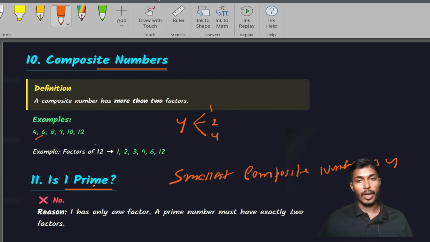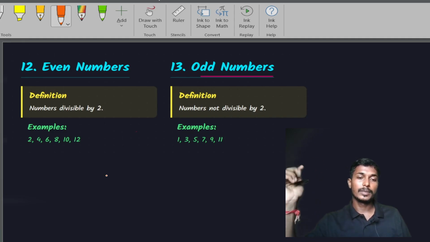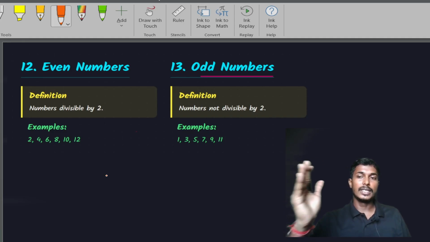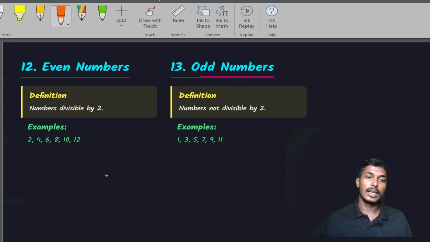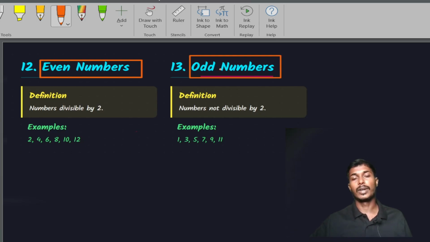Now, is 1 a prime number? No, 1 is not a prime number, and I already told you the reason why. Another set of numbers is even numbers and odd numbers. What is an even number? Any number which is divisible by 2 is termed an even number, and every number which is not divisible by 2 is termed an odd number. Now, how do we check whether a particular number is divisible by 2 or not?